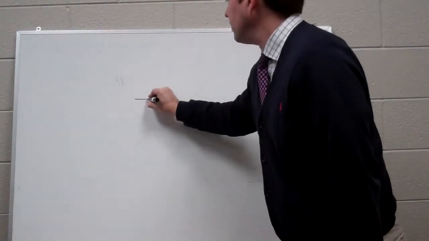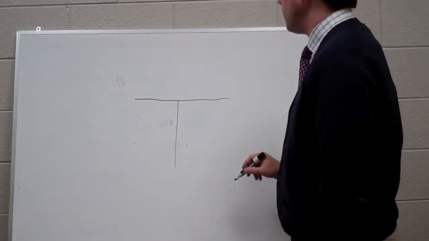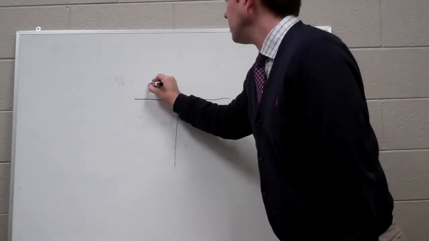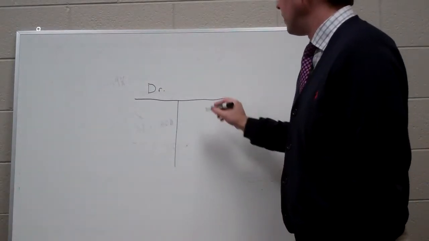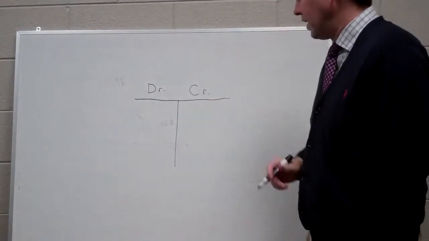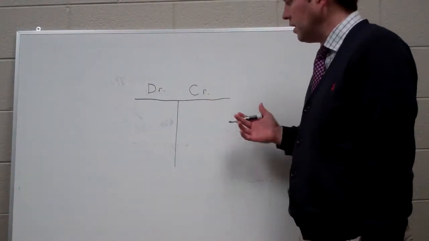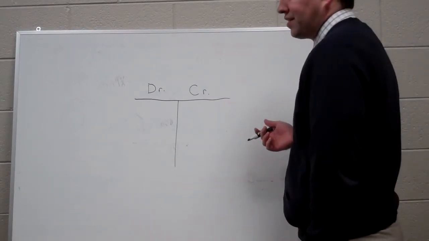If we look at our very simple T account here, the T account has a left side, or a debit side, and a right side, or a credit side. Very simple. Debit means left side, credit means right side.